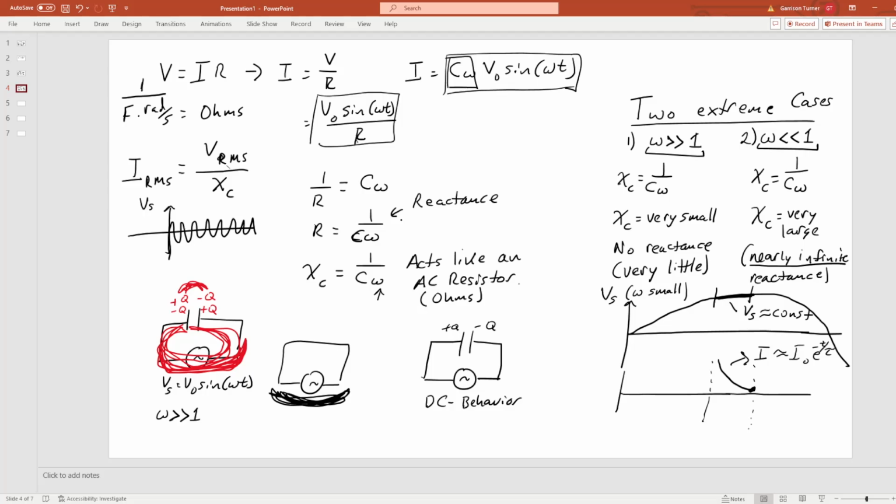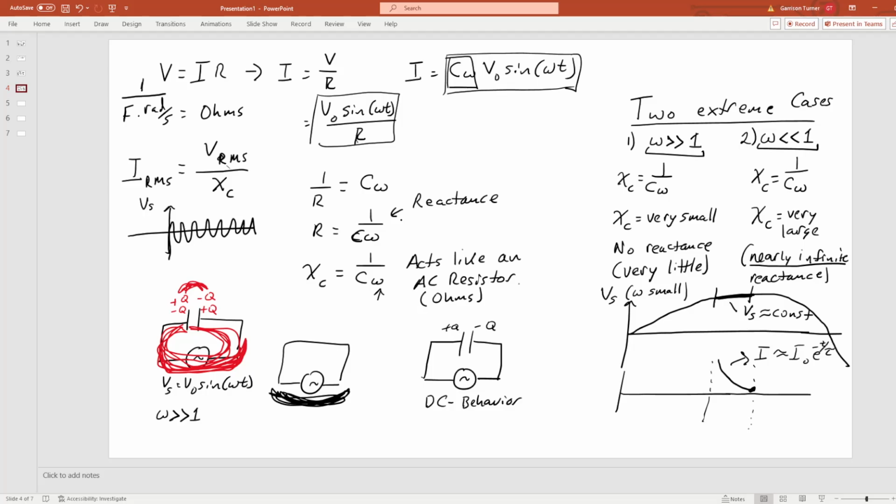It's like the capacitor is almost not even there. And in the very, very small omega case, then you have a nearly infinite reactance. And so this acts like a very, very high value resistor. Okay? So if you can tune your circuit properly, you can achieve a reactance of whatever you would like just by turning the dial on your angular frequency values.